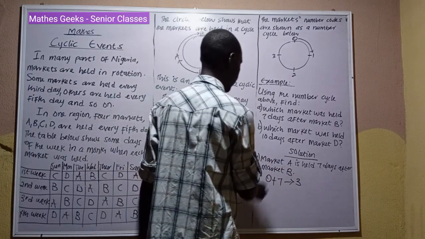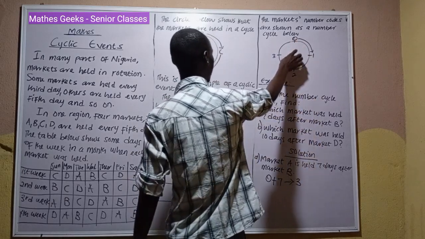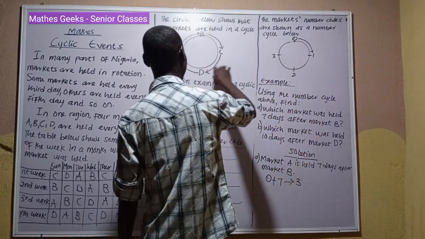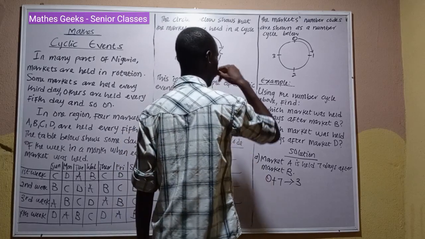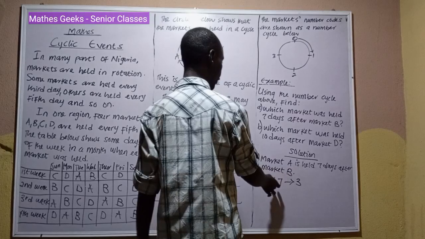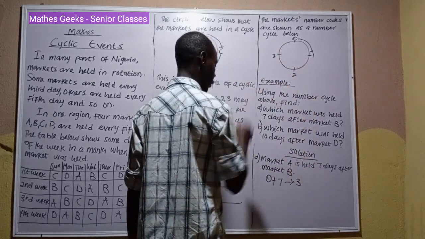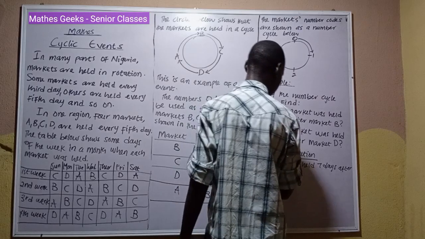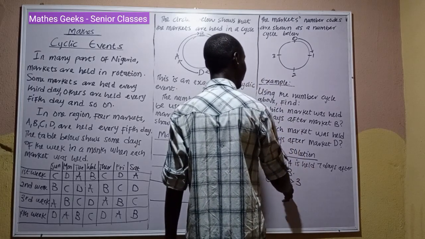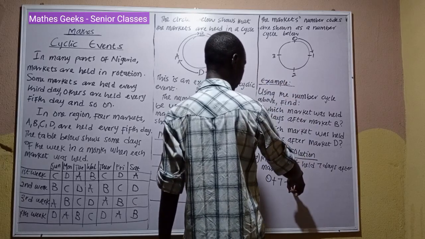What this implies is that 0 stands for a market using the number code, and this code stands for the letters representing each of the markets. So 0 is market B. So plus means you rotate or move on this circle 7 times, and the number you're going to stop at is 3.